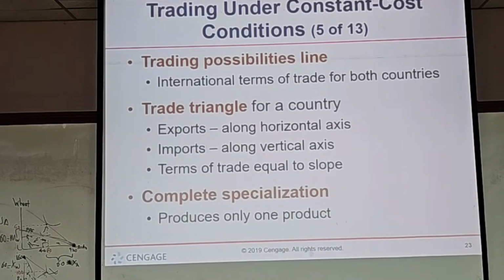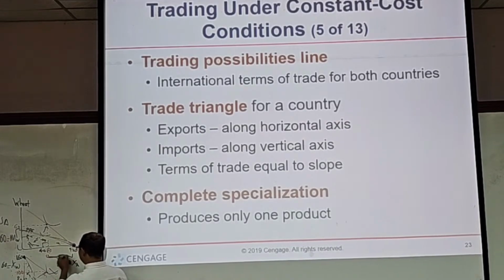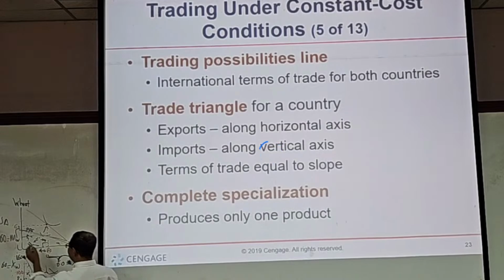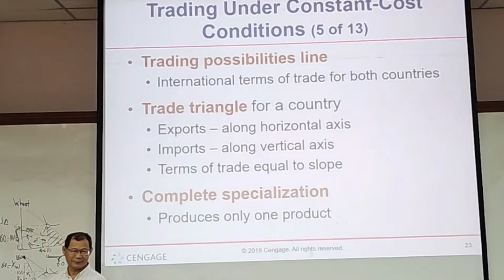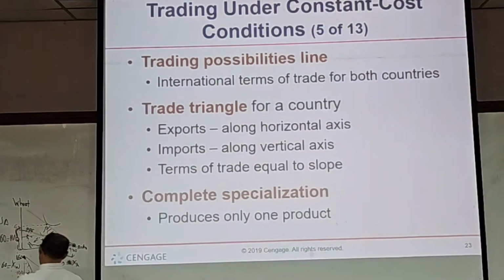So the trade triangle for country A, USA, has export and import. The export of automobile is actually the same as the import. In Canada, you notice that the export of 60 automobile is actually the import from USA.